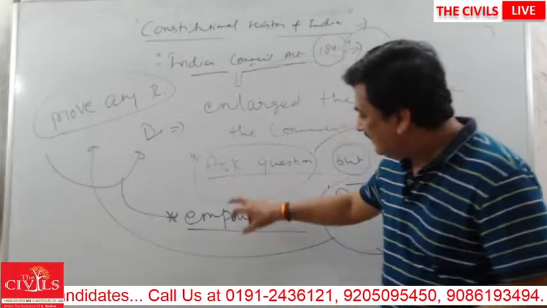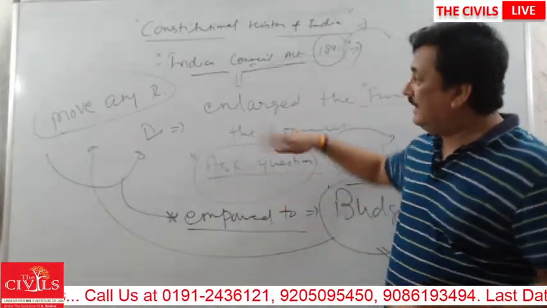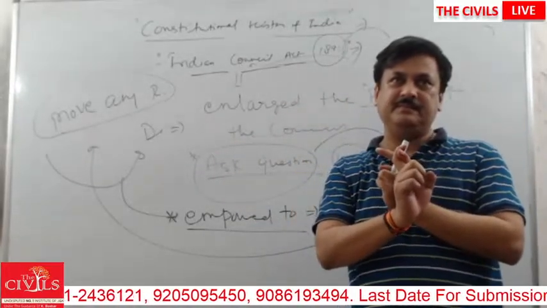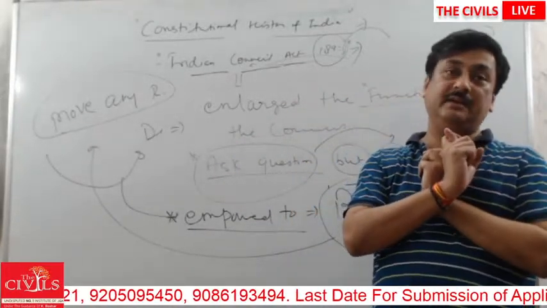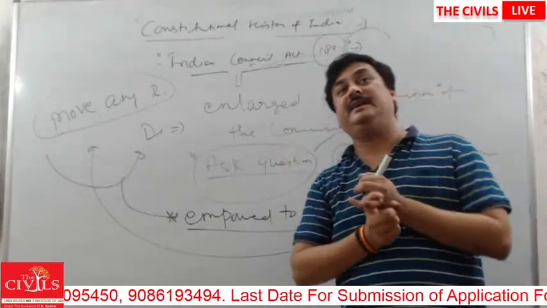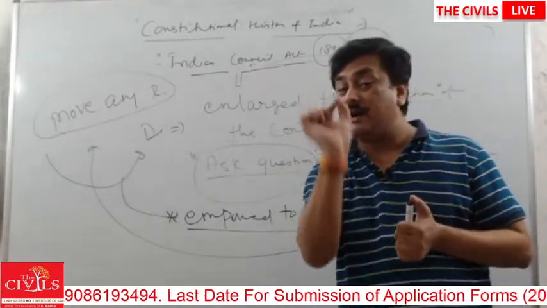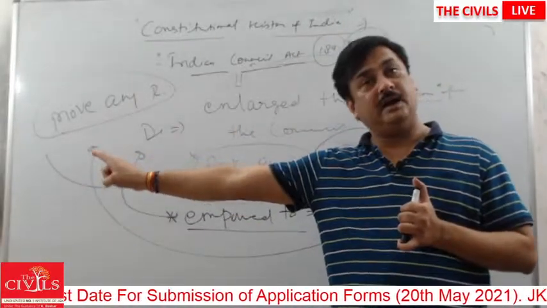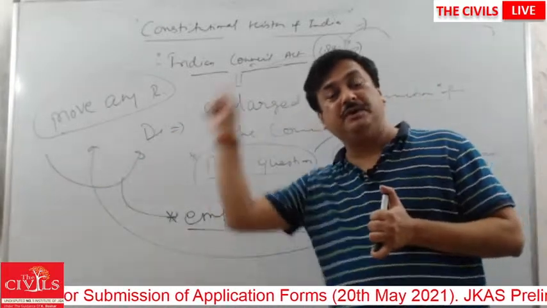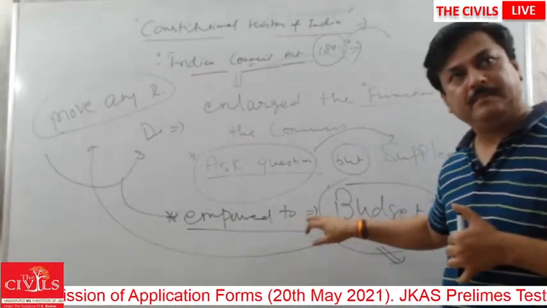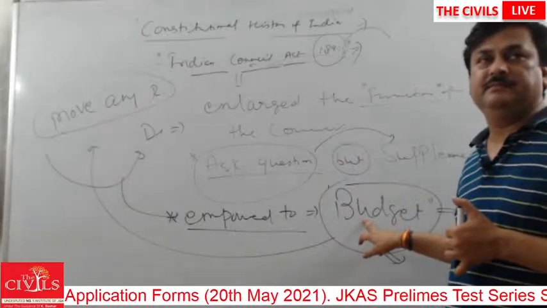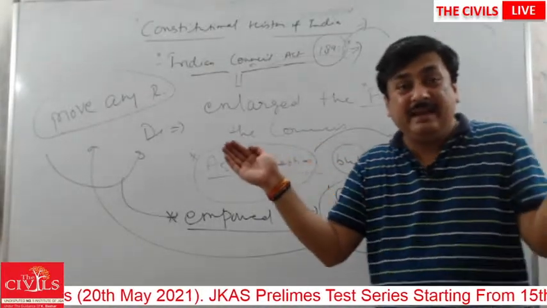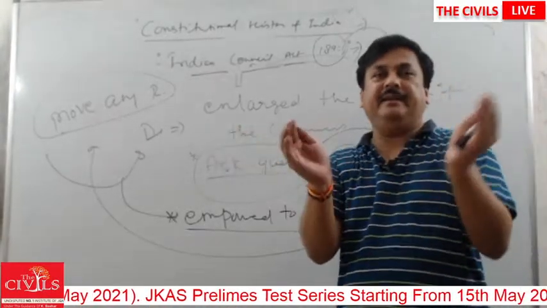Okay? Because before that there was a legislative council, a central legislative council, and provincial assemblies, but the members were not allowed to ask any question in the house. They were not allowed to discuss the budget. These two rights they got, but the rights were very limited.